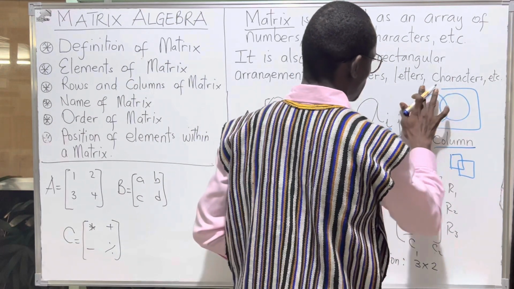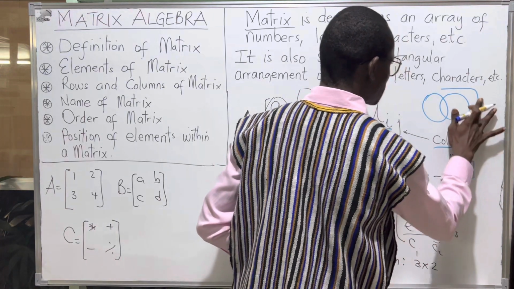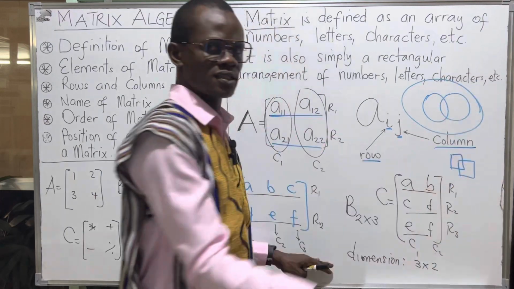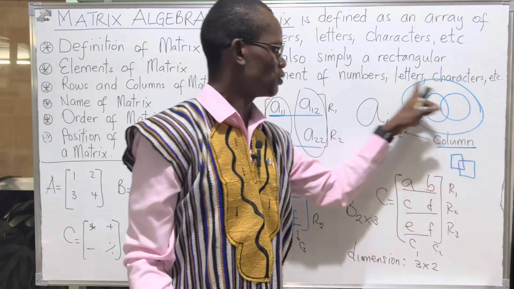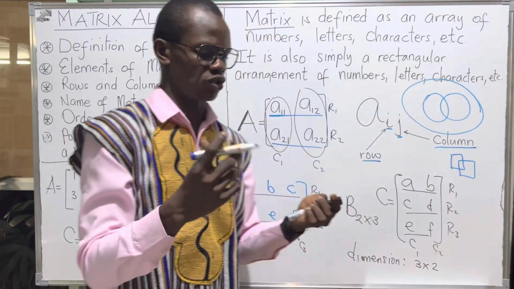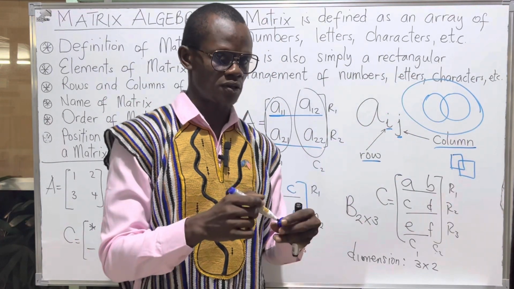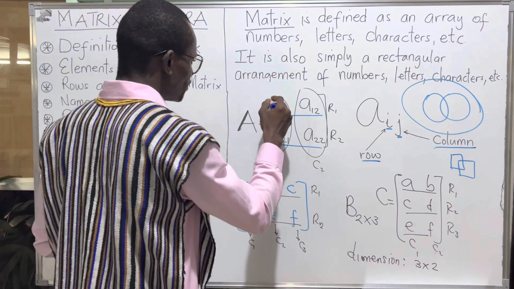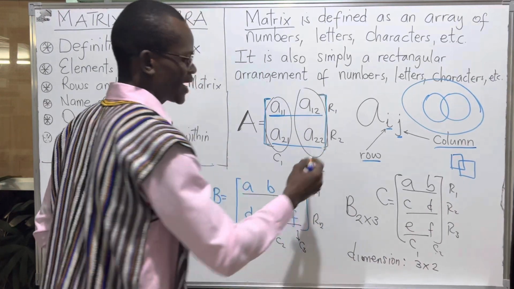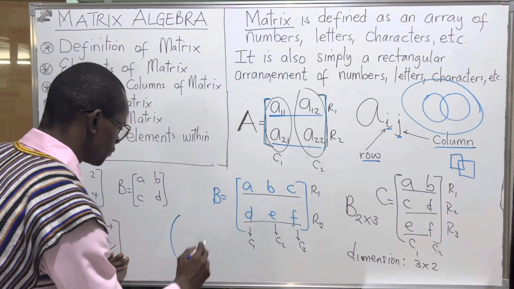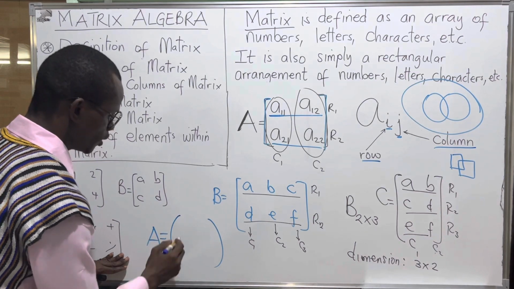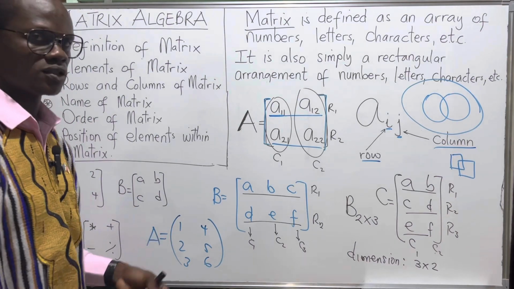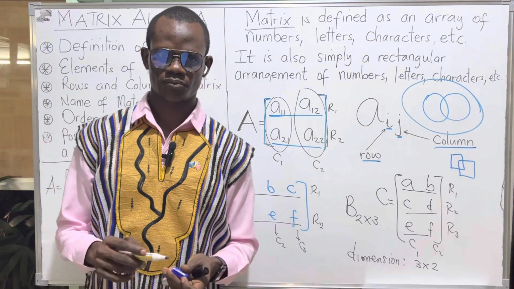And for the universal set, the one enclosing the group of sets, we don't only have to use a rectangular or square box; you can use a circle as well. Likewise with matrices, it is not binding that you use brackets; you can use parentheses. Just as you can say set A is equal to 1, 2, 3, 4, 5, 6, and so forth, it still represents a set.